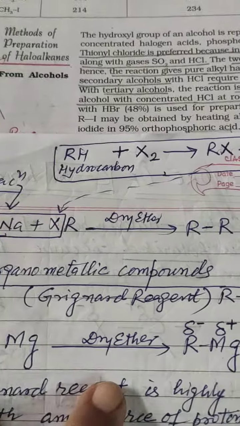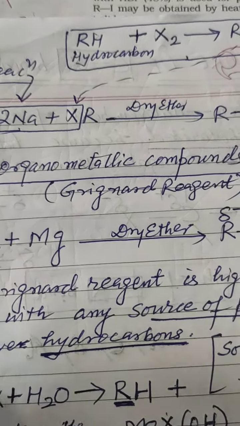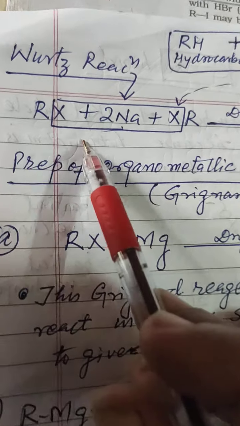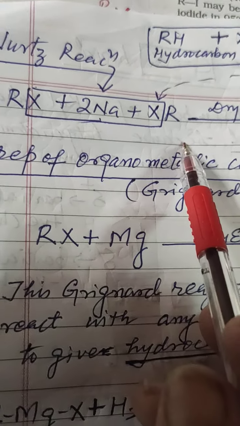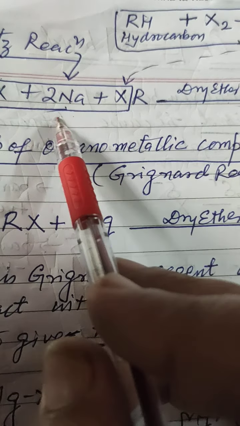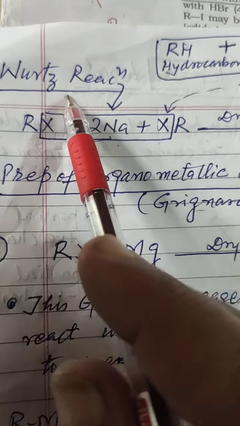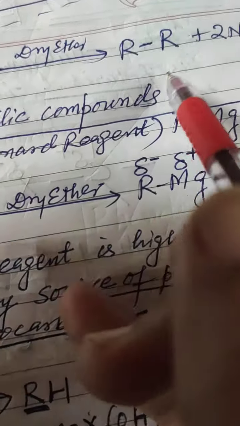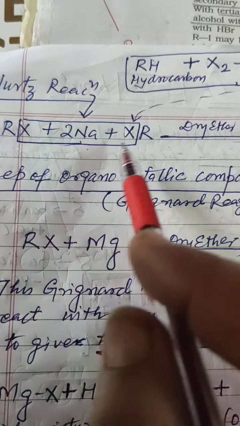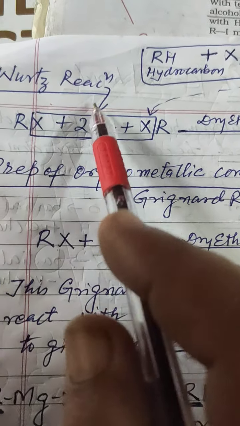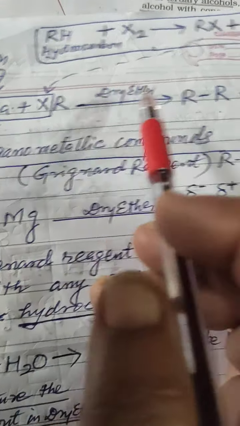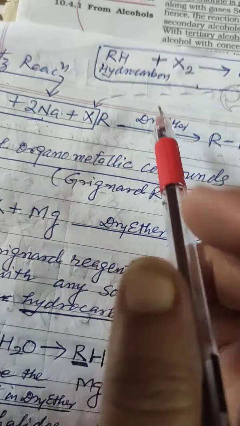Now this RX, 2 molecules यहाँ लिए हैं, in presence of dry ether reacts with sodium. This is a Wurtz reaction to form RR. Here twice NaX will be the side product. By this particular reaction, Wurtz reaction, we can convert a lower alkane into higher alkane.